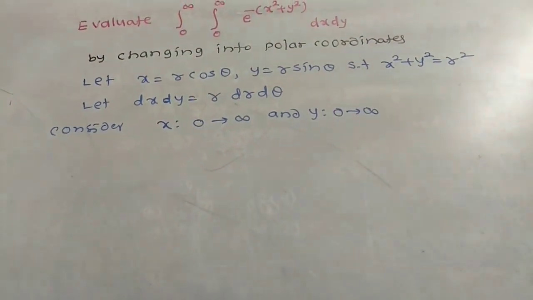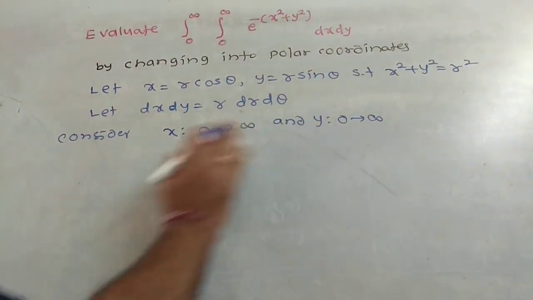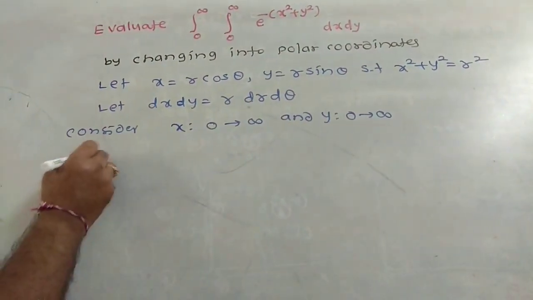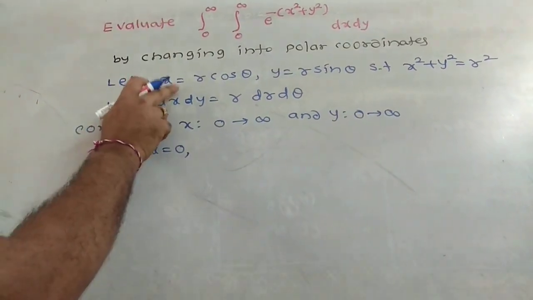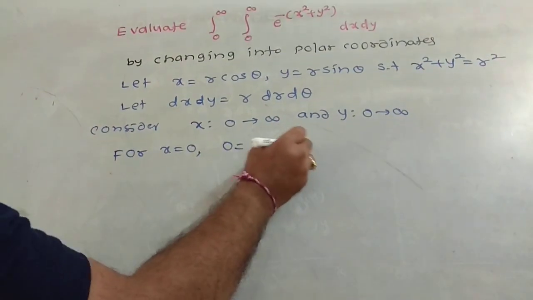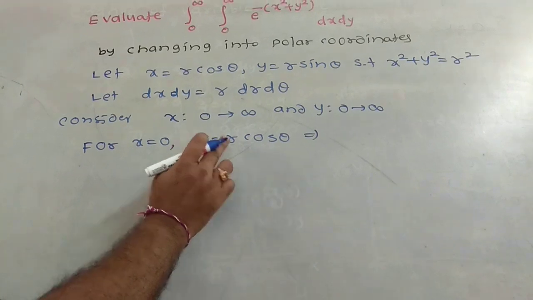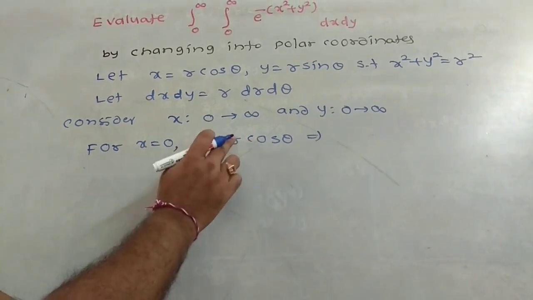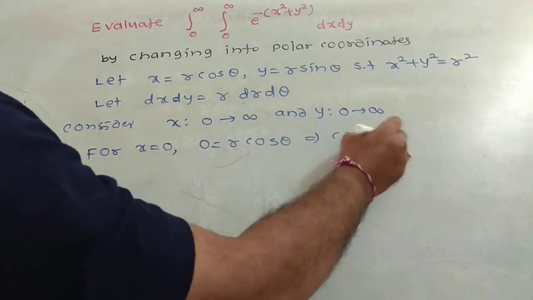In order to identify the limits of the new variables, first substitute the lower limits of x and y. If I substitute x equal to 0 in the polar coordinates equation, 0 equal to r cos theta, it looks like a into b equal to 0. Either this is 0 or this is 0. Generally, r is a radius and is never equal to 0, so cos theta equal to 0.